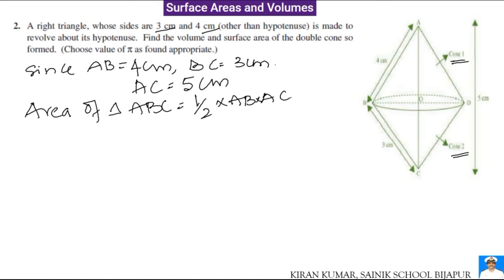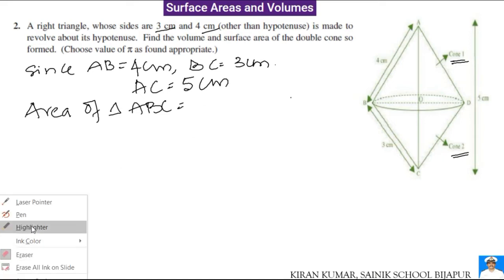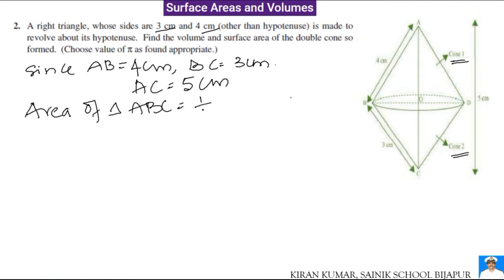Here I have made a mistake. Area of triangle ABC will be equal to half into, I'll consider the base as AC into the height OB.